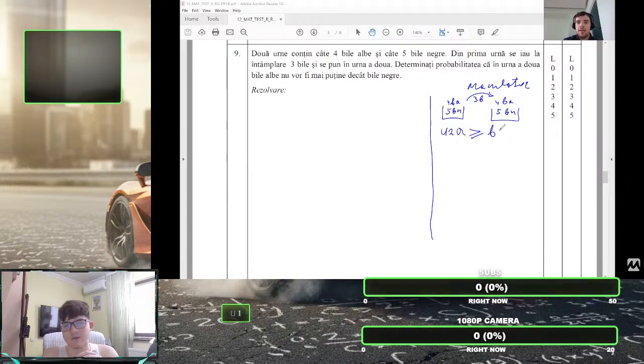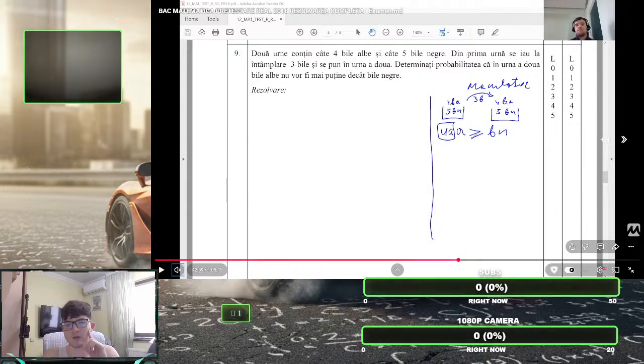Why has he written it like that? The same thing in the 2 bins. 3 balls are taken. So we gotta have more white balls, or white balls and black balls equal in the second bin.